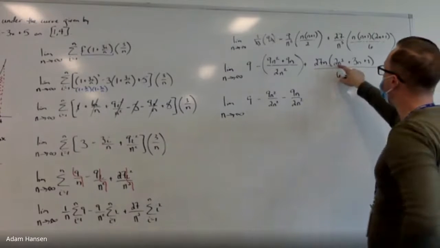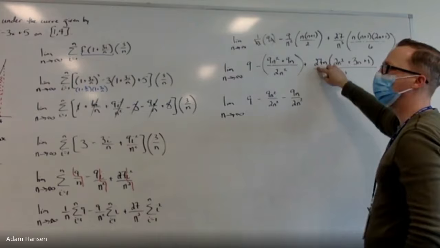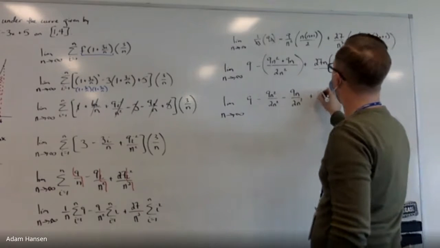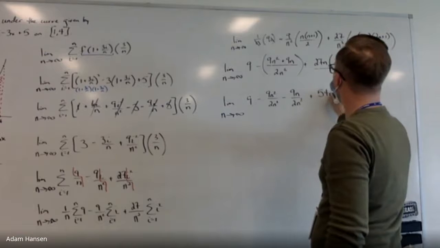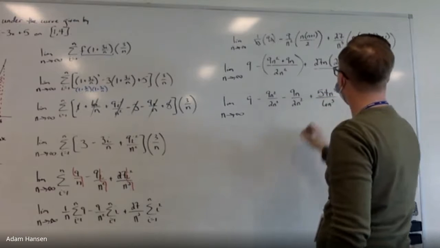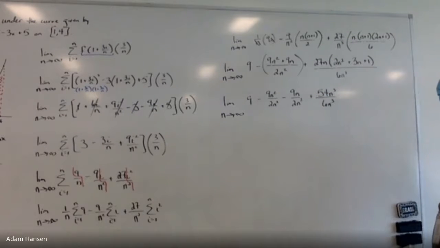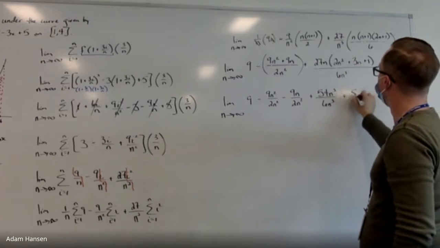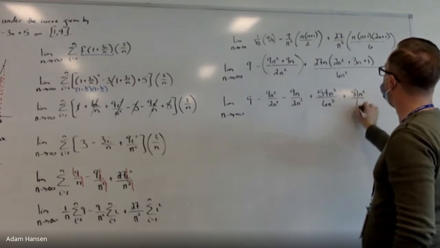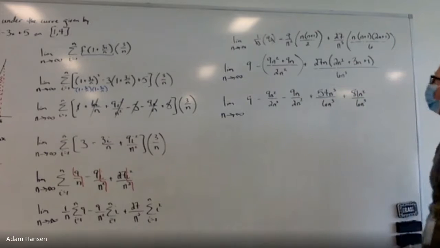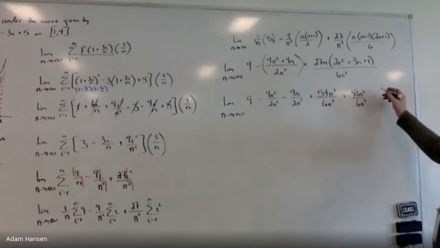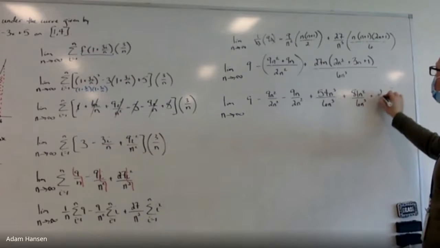27n times 2n squared, 27 times 2 is 54n cubed over 6n cubed. 27n times 3n is 81n squared, divided by the same 6n cubed. 1 times 27n, or 27n over 6n cubed.